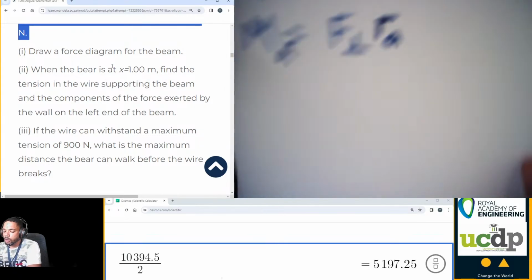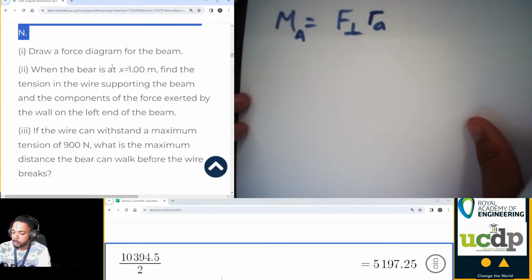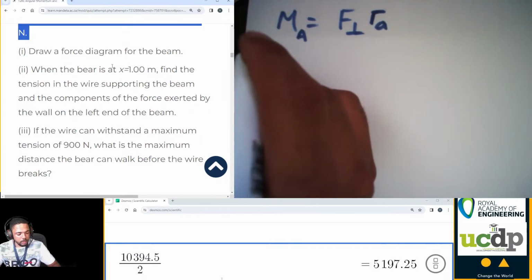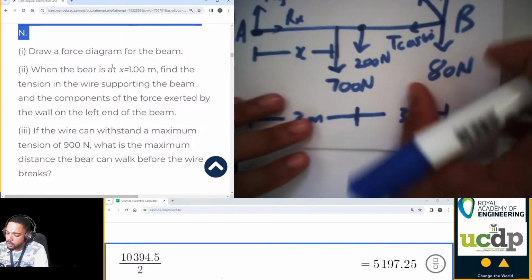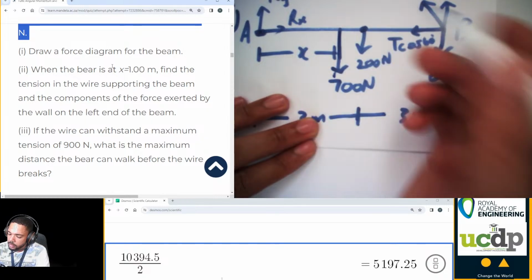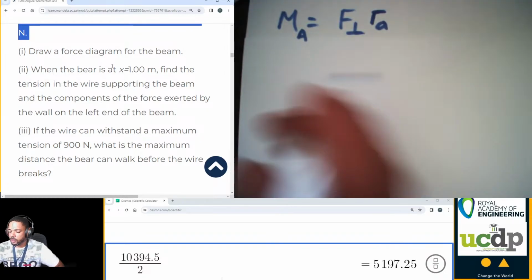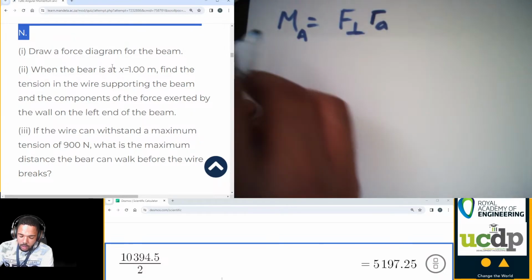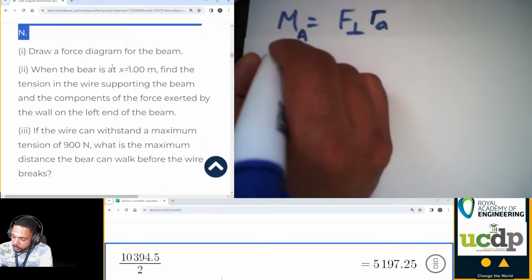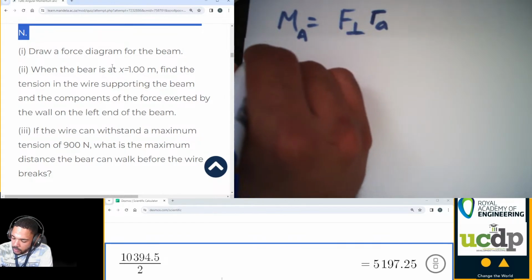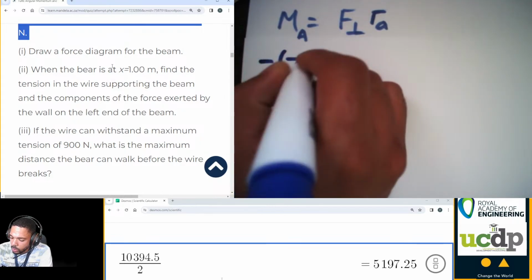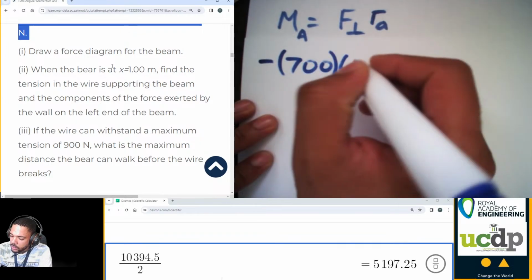Now let's calculate all those moments. The first moment is due to the bear. The first force is going clockwise, so we say negative, the force is 700 times a distance of 1.